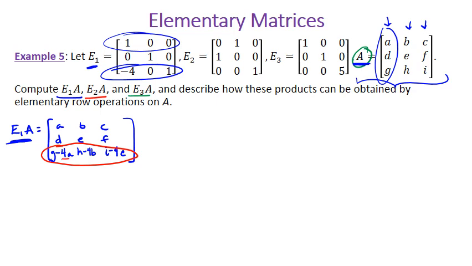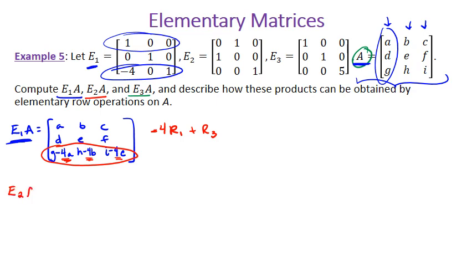Well, I took the first row and I multiplied row 1 by -4. Notice each of these. And then I added that to row 3. So on matrix A, I took -4 times row 1 plus row 3. And that's what I did. So let's do the same thing for the next matrix.